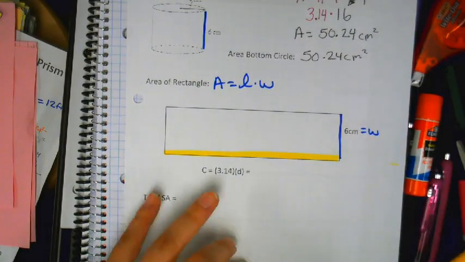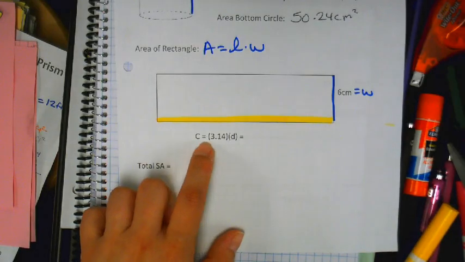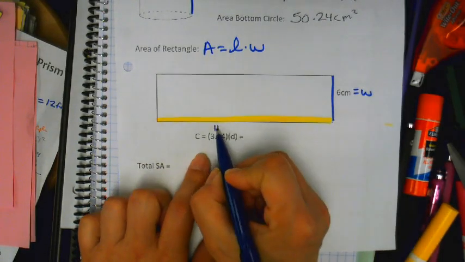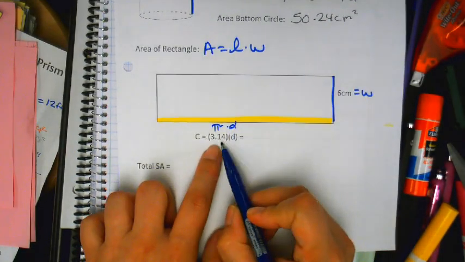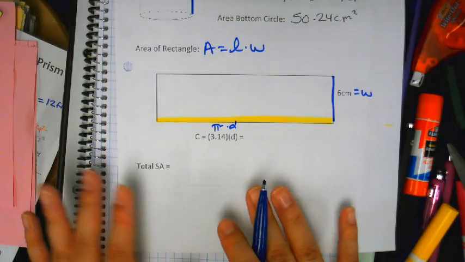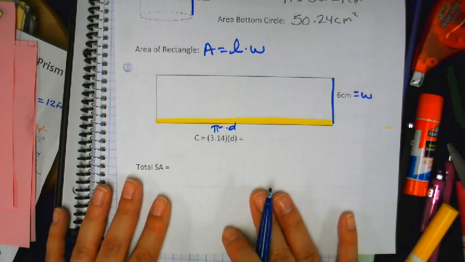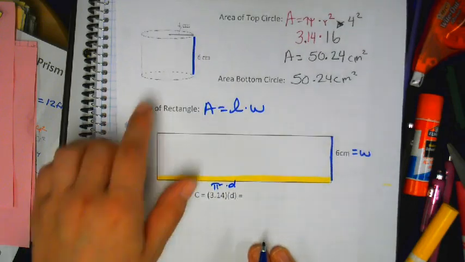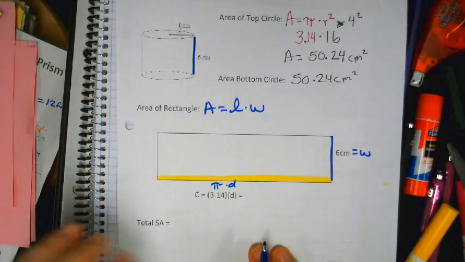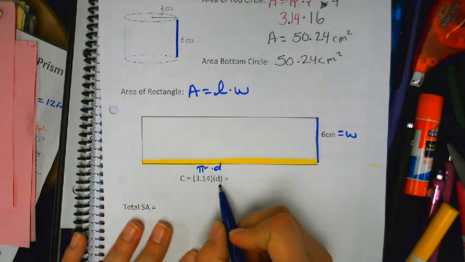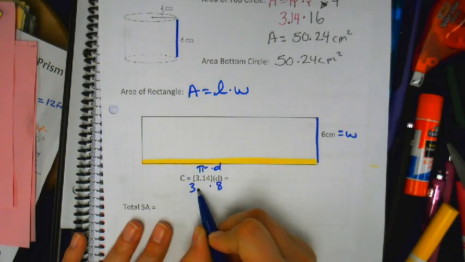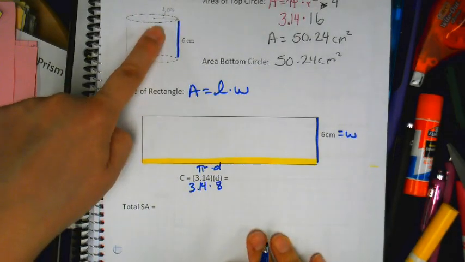And that's why we wrote C here. C equals pi times D. They wrote pi as 3.14. So what is the diameter of this circle? It is 8. How did he get 8? Because the radius is 4.